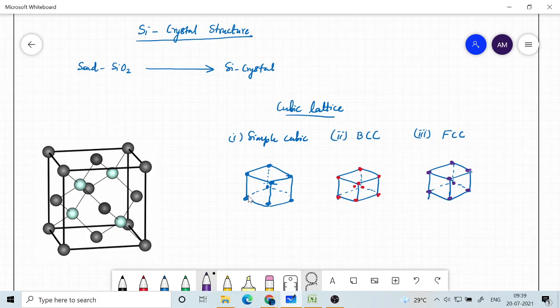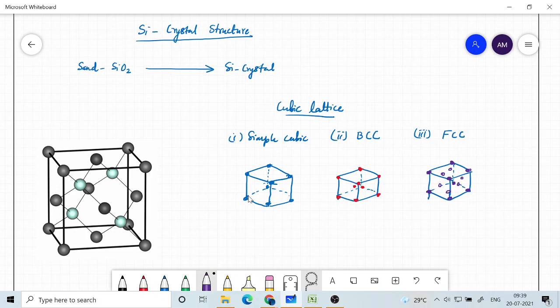There are 6 faces. So here is one face, another face, and then another 4 on the side, and then one at the bottom and one at the top. So there are atoms sitting at the center of each face in addition to atoms at the corner of the cube. So this is what is called as FCC.